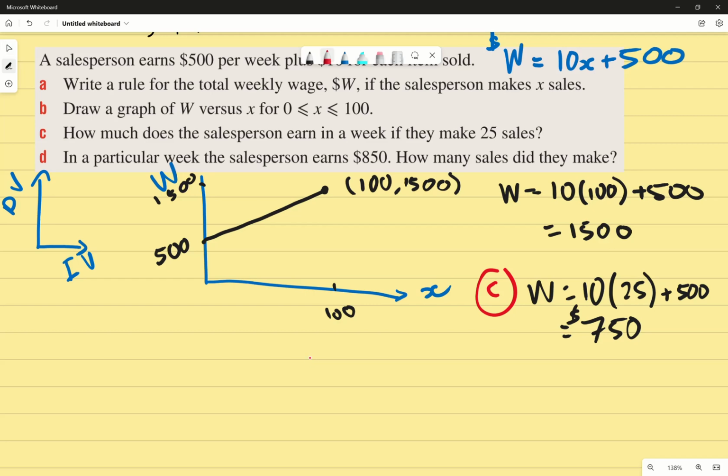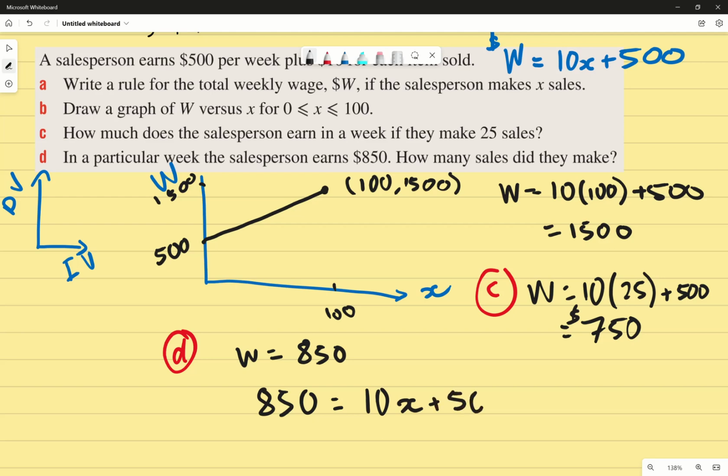So in this case, apologies for the mess of where things are. In a particular week, they earn 850. So W equals 850. So 850 equals, and I'm going to replace W with 850 and rewrite my original equation, which is 10x plus 500. And then we just solve as per usual.